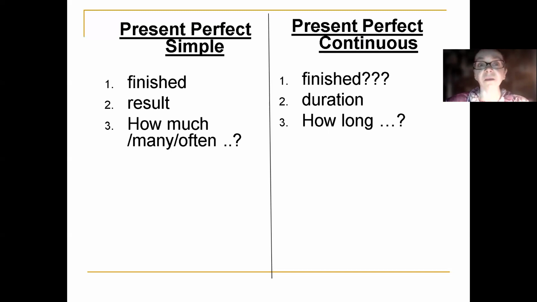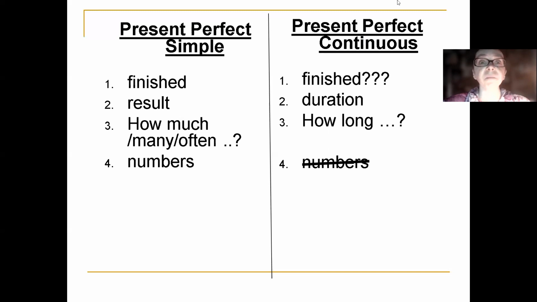Next, consequently, present perfect simple loves numbers. I have written 5 essays. She has won 10 prizes.